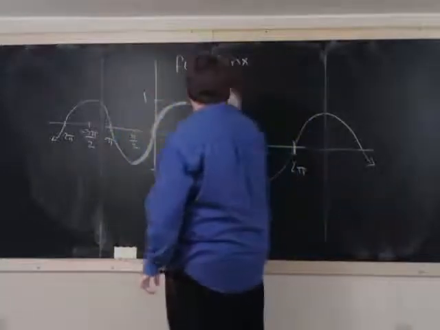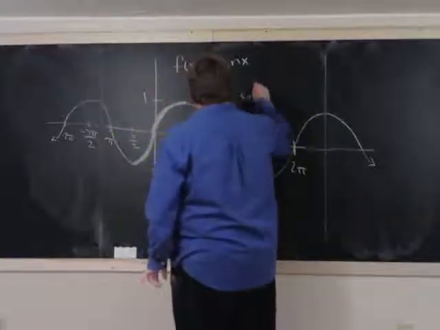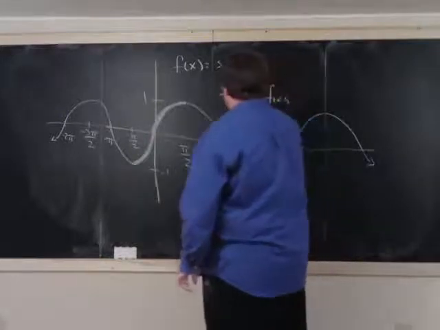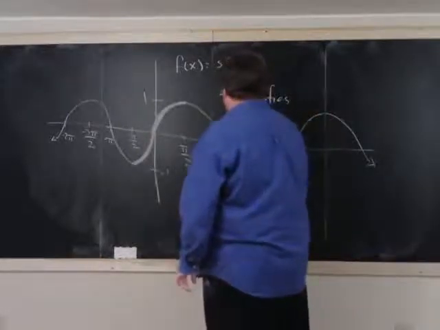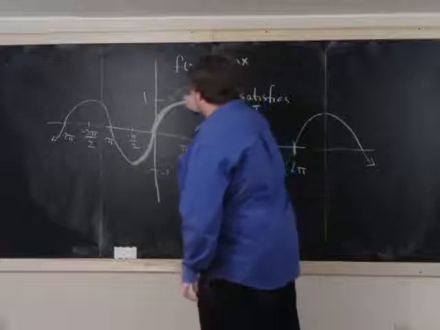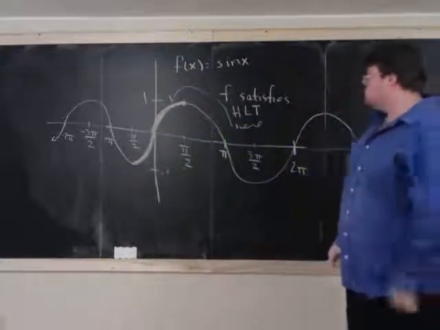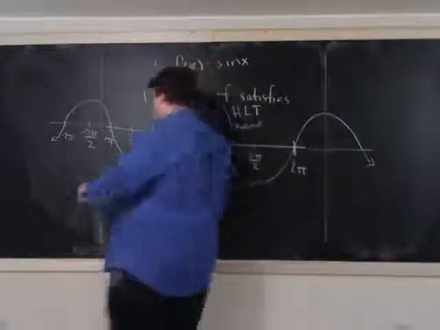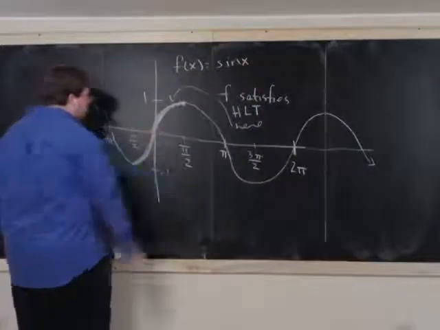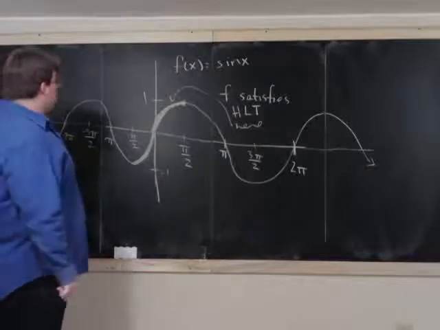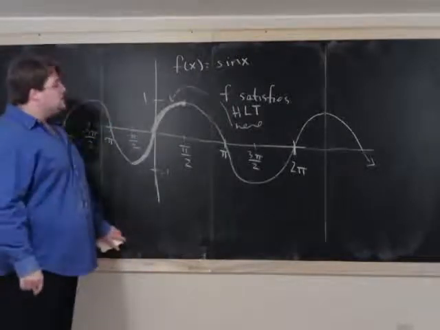So I'll say f satisfies the horizontal line test here, in this shaded in portion. In other words, if we restrict the domain to negative pi over 2 to pi over 2, then it'll satisfy the horizontal line test.